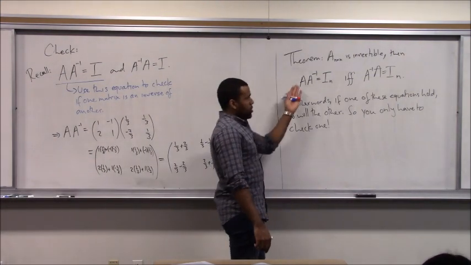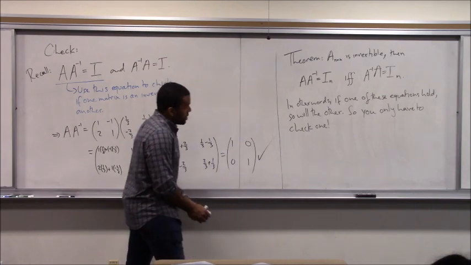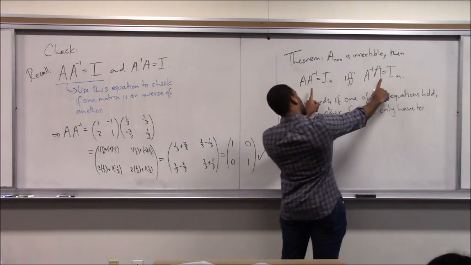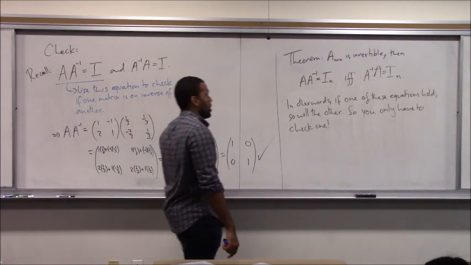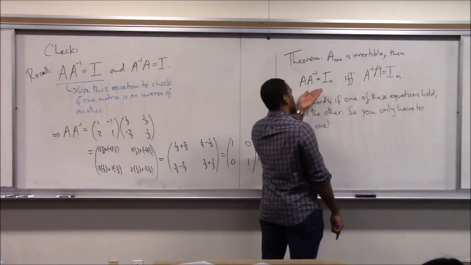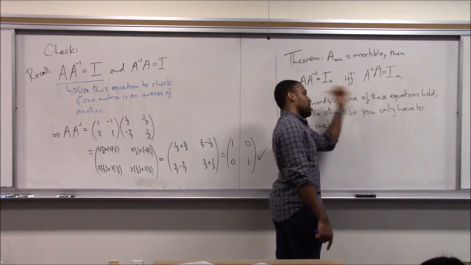I'm not going to show you the proof of that, but this is something you know. So technically the definition says both of these equations have to be true, but it turns out with how we're using matrices, it will always work out that if this one is true, that one's automatically true, and vice versa.